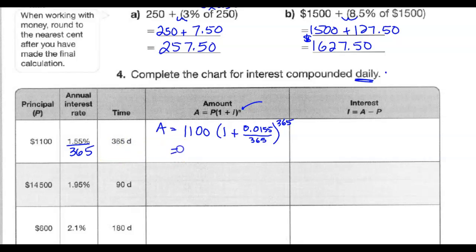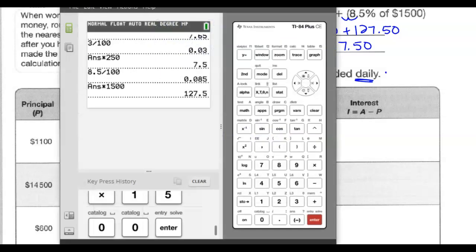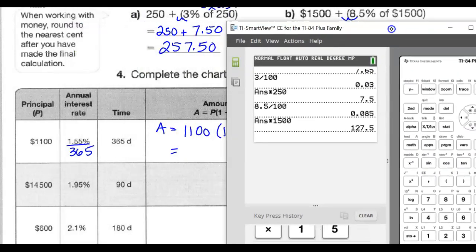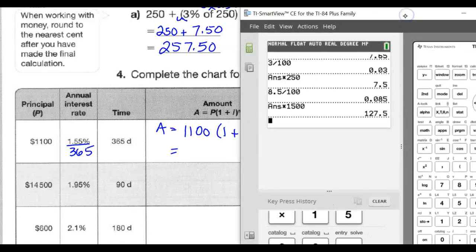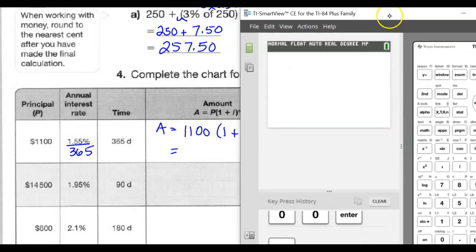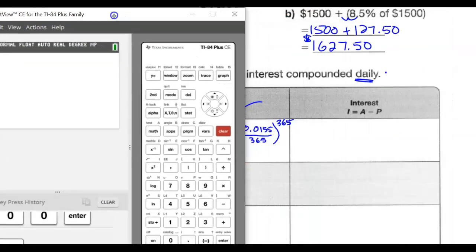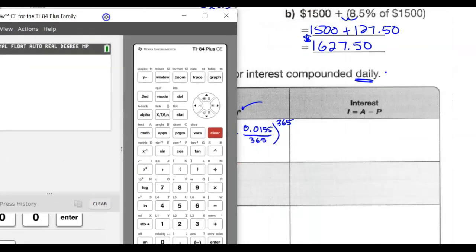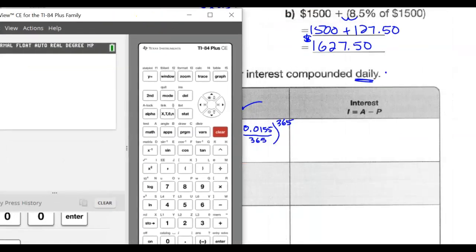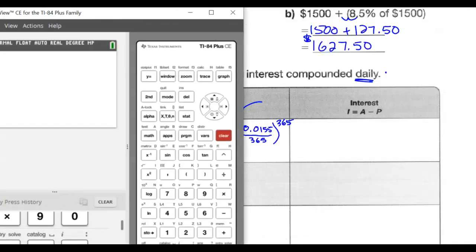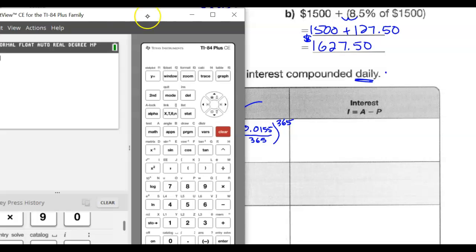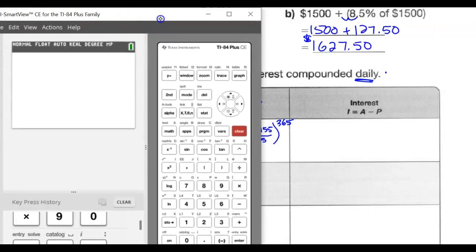Okay, so get out your calculator. It kind of depends on what version of the calculator you have. If you have just a scientific version, then maybe you want to do the interest first.